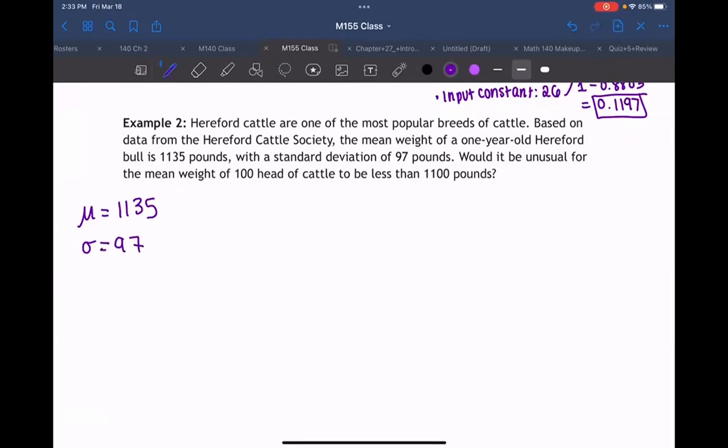Now this question isn't asking about a probability, but it's asking us if it's unusual for the mean weight of 100 head of cattle to be less than 1,100 pounds. So I guess n is 100. Looking at this question, how do we know that this is a central limit theorem question? What about this question gives it away?